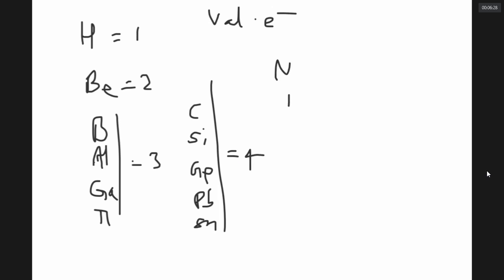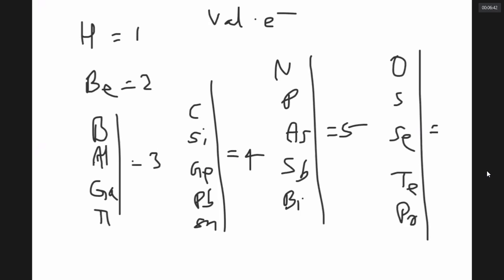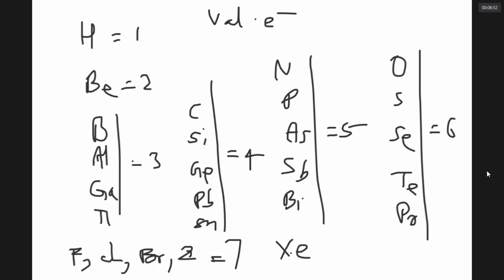For nitrogen, phosphorus, arsenic, antimony and bismuth, they are 5. For oxygen, sulfur, selenium, tellurium, even polonium, available electrons are 6. For fluorine, chlorine, bromine, iodine, available electrons are 7 in the outer level. For xenon, krypton, etc., available electrons are 8.